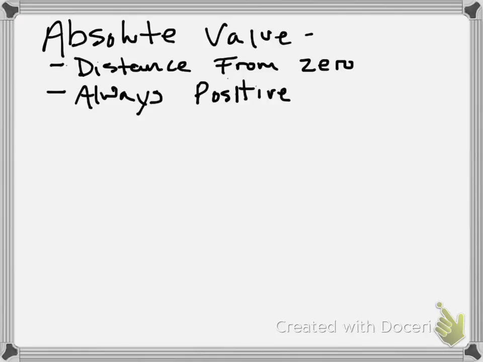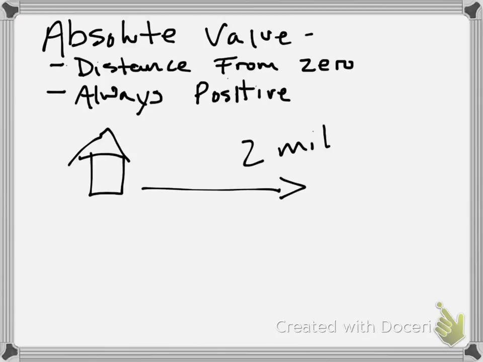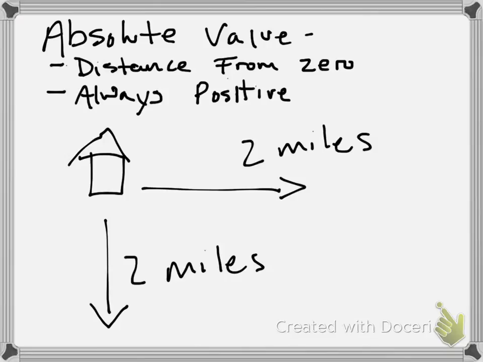The absolute value is a number's distance from zero, and the number will always be positive. Why is this? Well, let's say that here's your house and you travel 2 miles this way, or if you travel 2 miles this way, you are 2 miles from your house.